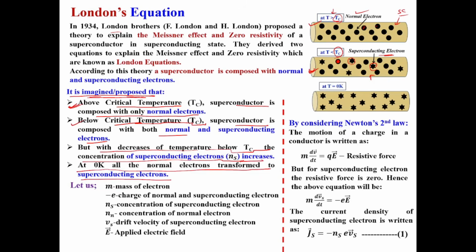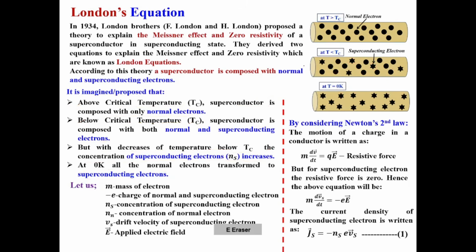So below Tc up to 0 K, this is what we have already discussed, that with decreasing temperature, at a particular temperature the resistance of the superconductor will be 0. Below Tc towards 0 K, the normal electrons start to transform to superconducting electrons, and at 0 K, all the normal electrons are transformed to superconducting electrons.